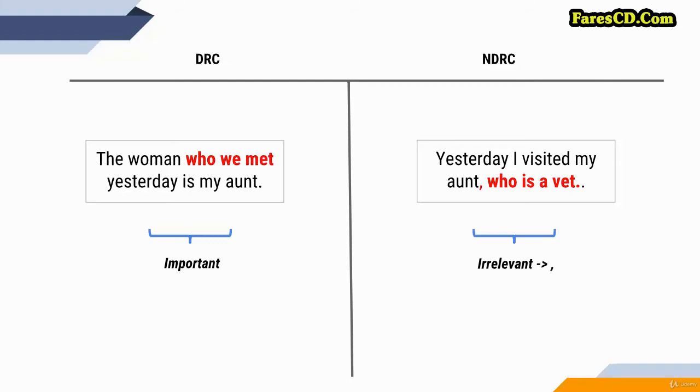This is just additional information. Yesterday I visited my aunt. That's important. The fact that she is a vet is important, of course, but it is irrelevant to the meaning that I'm giving you now. So defining without comma, non-defining with comma.